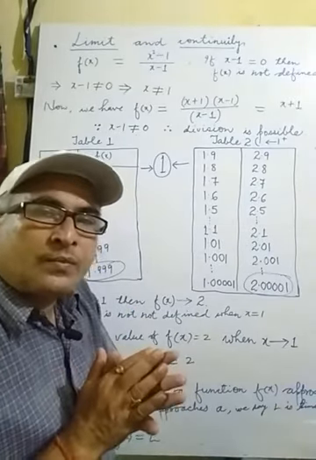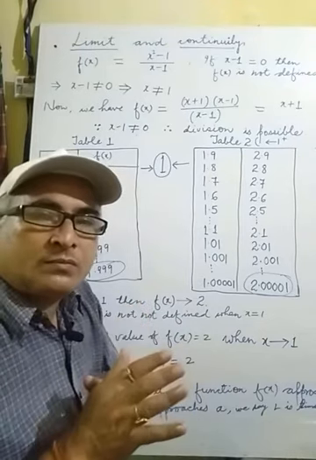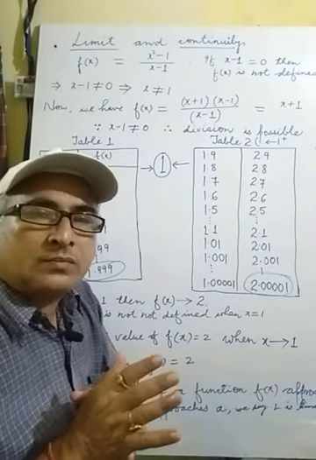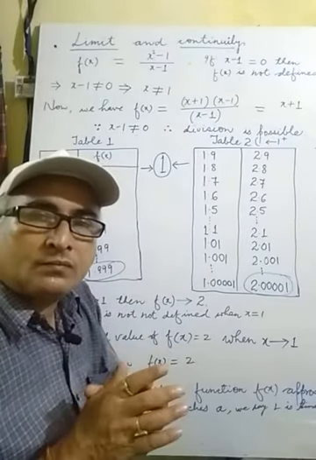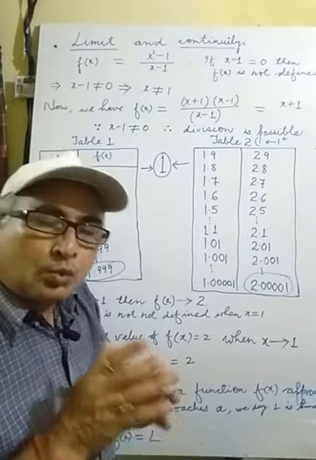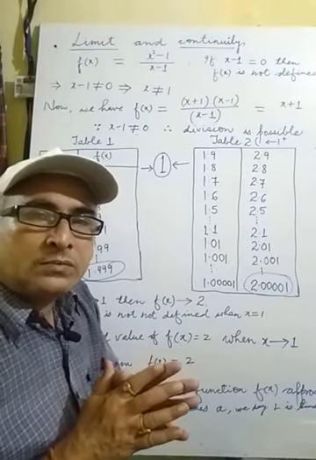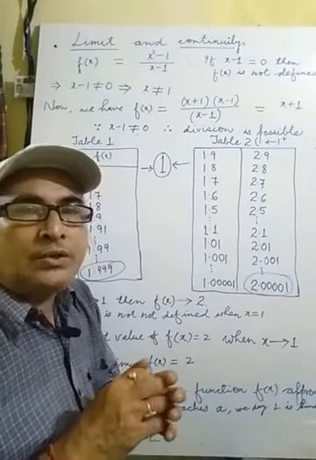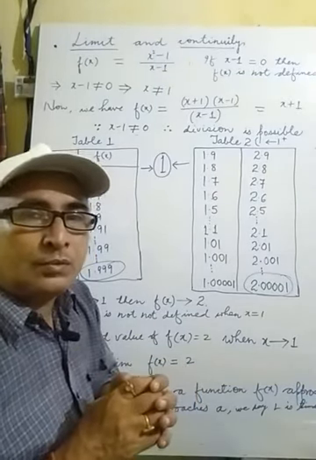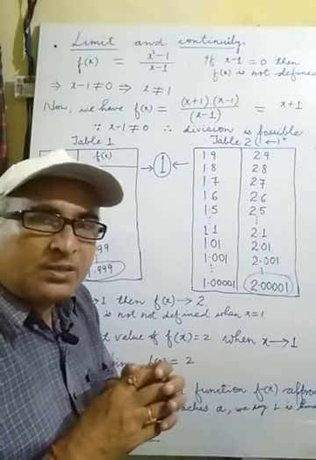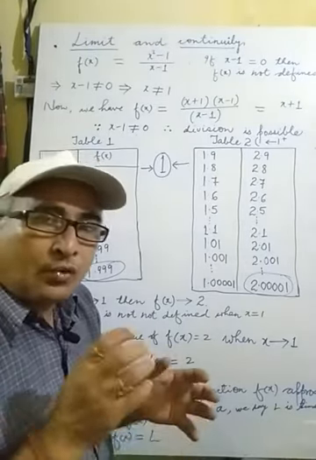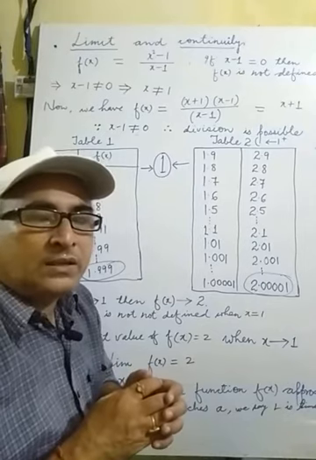Continuity means there is no breakage. No break is there. It goes continuously. So two terms are there, limits and continuity. Today our topic is focused on limits and continuity.